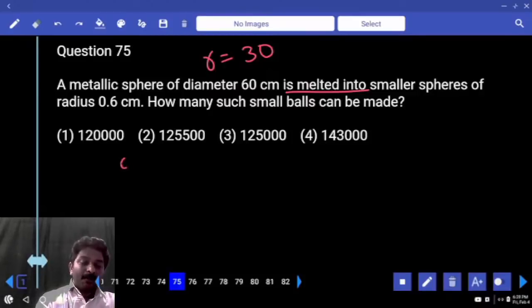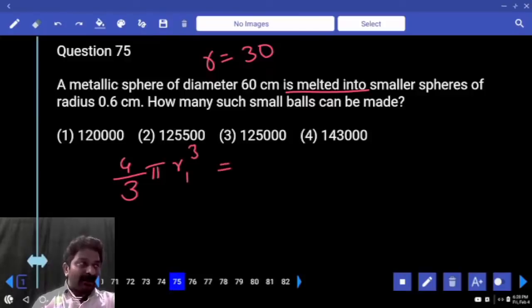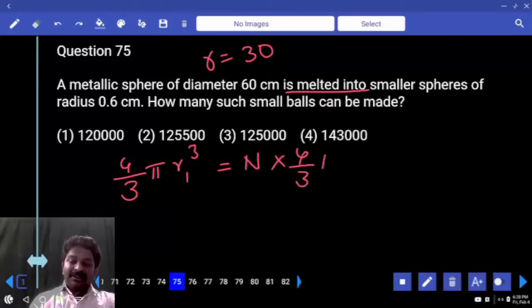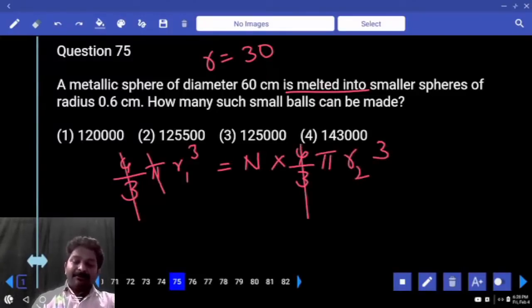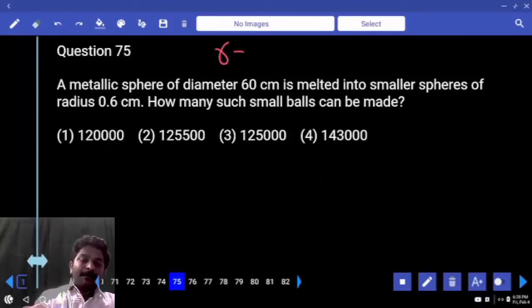Volume of the sphere, 4/3 pi r cube, must be equal to n number of smaller spheres multiplied by 4/3 pi r2 cube. 4/3 pi gets cancelled, right? Come on. So I'll just consider R1 cube is equal to n times of R2 cube. Is that okay for you? Right. So what is R1?